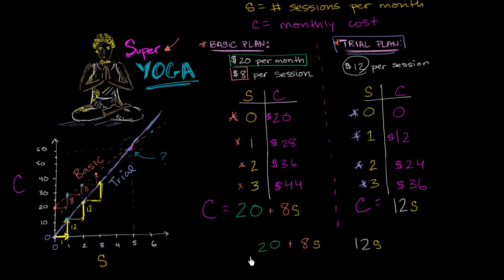That unknown number of sessions where regardless of which plan I choose, I will pay the same monthly fee. So we're curious about the S where 12S is equal to 20 plus 8S.